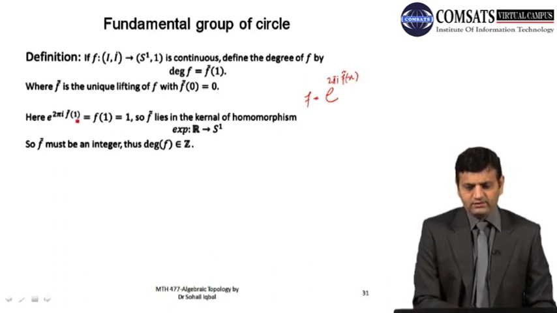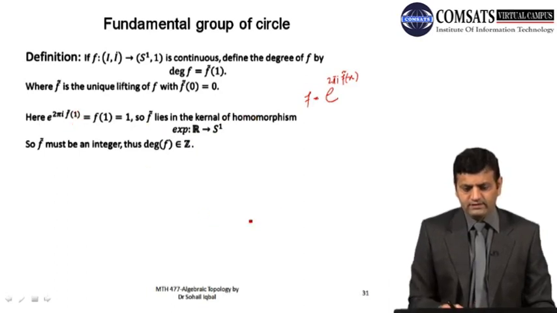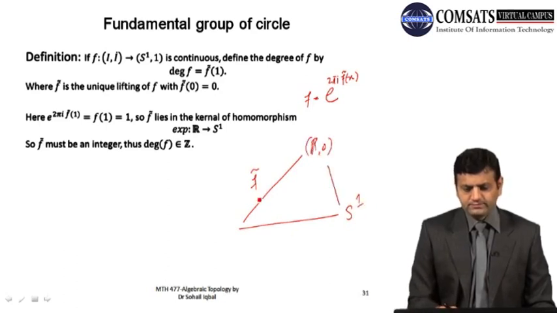At x equal to 1, this is equal to 1. So f tilde of 1 lies in the kernel of the homomorphism. So once again, this is f tilde, this is R with 0, and these are the points of S1.